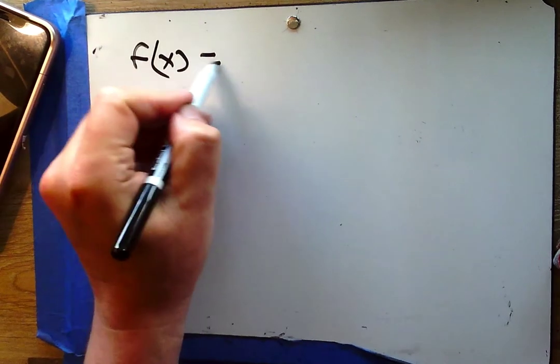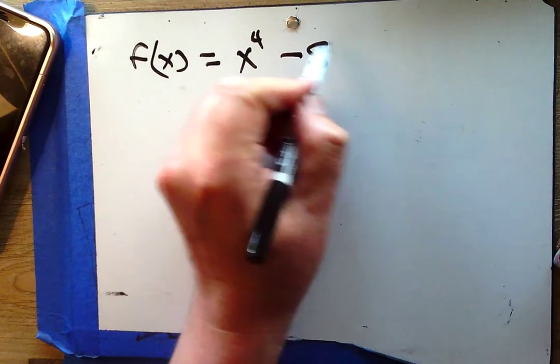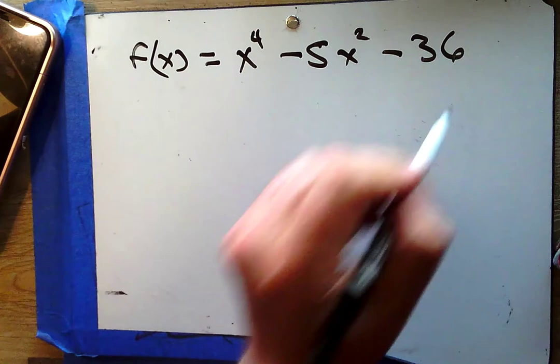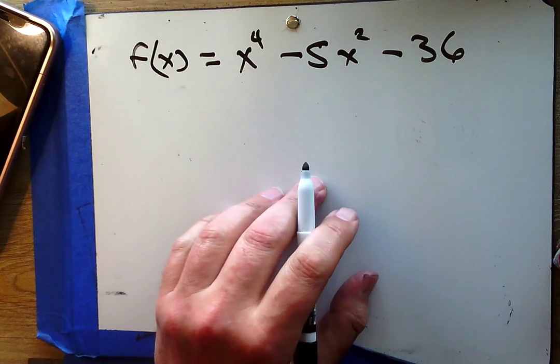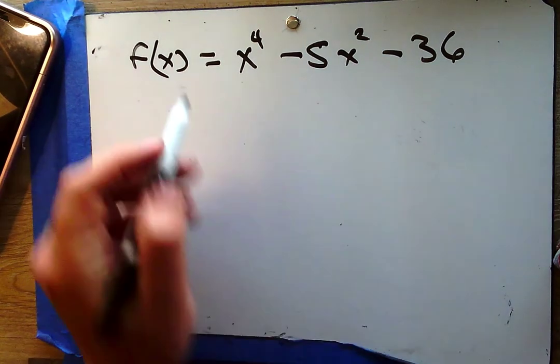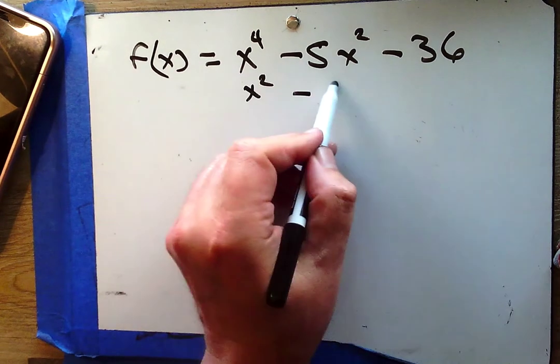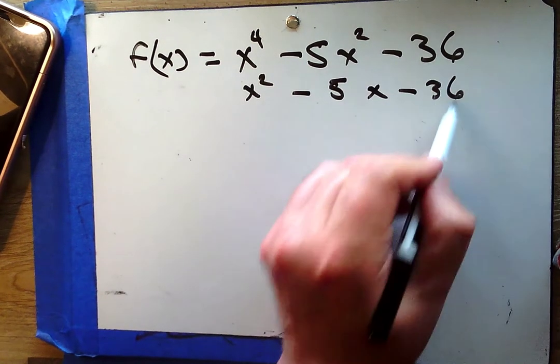Okay, next, this will help when it comes time to do that partner chart. So let's say our f of x is x to the fourth minus 5x squared minus 36. So can you factor this? Well, sure you can. Look, this fits the same form as this.